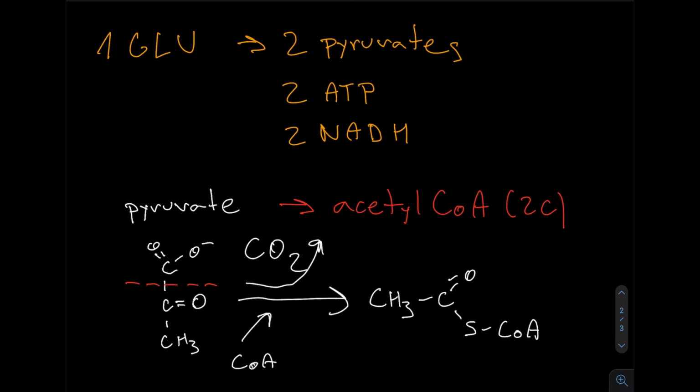And as we can see, the molecule of coenzyme A is being attached to the acetyl via this atom of sulfur. And from this, we now get the molecule of acetyl coenzyme A, and this molecule is further used in the Krebs cycle.